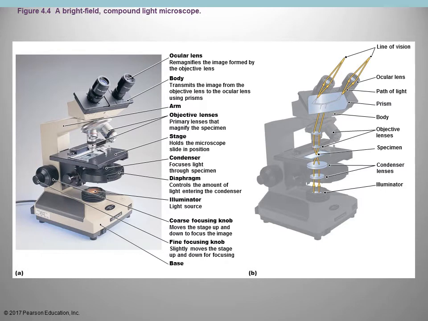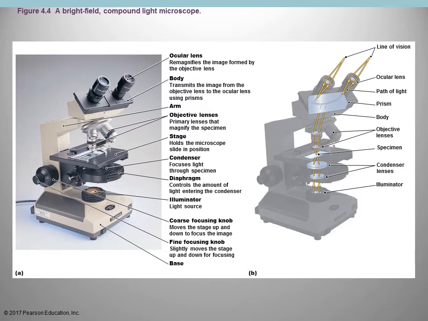So this is showing you a typical compound light microscope. This one has two ocular lenses, two eyepieces. In the lab, you become familiar working with them. Just very briefly, you've got the ocular lens, that's where you're going to be looking through.